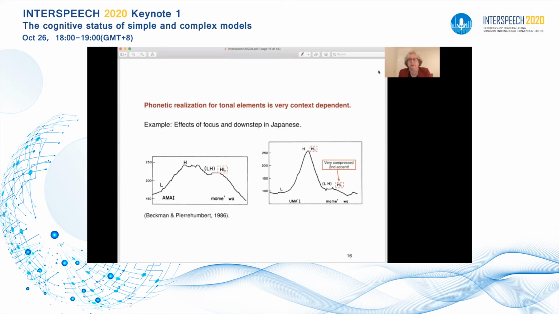And as you can see, the accent on that second word is extremely compressed in the case where there was already an accent before it, and that's because of the downstep. The accent is there, but the whole pitch range for producing that accent is very compressed. And in fact, the high tone in that accent is no higher than the preceding low tone.